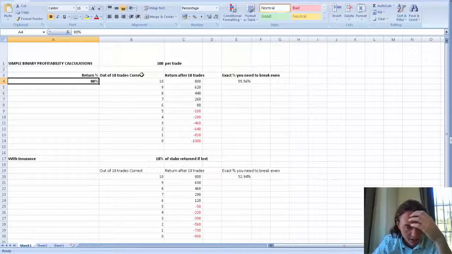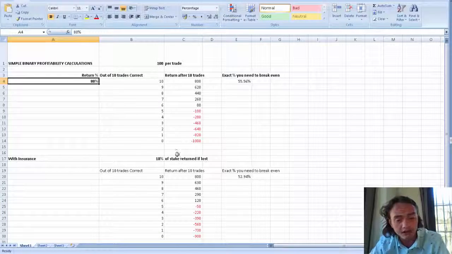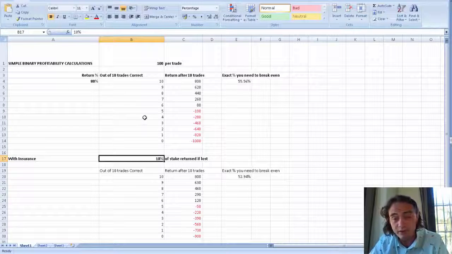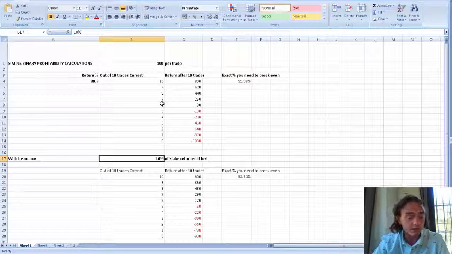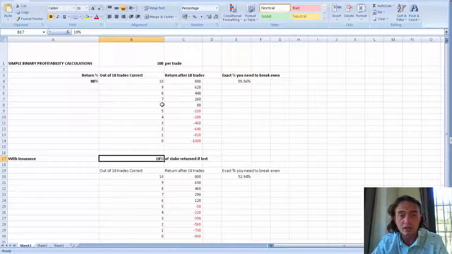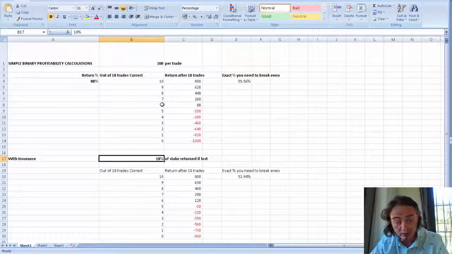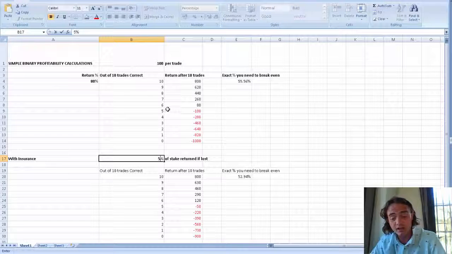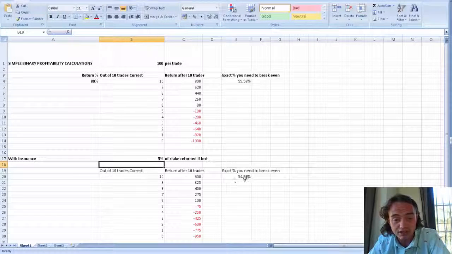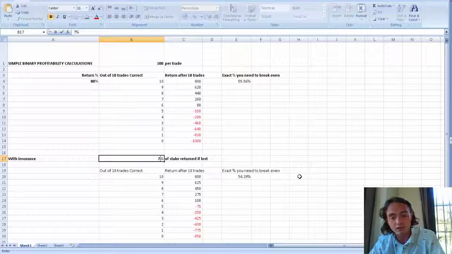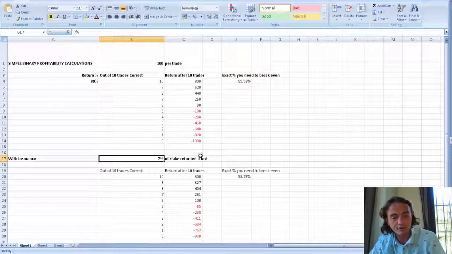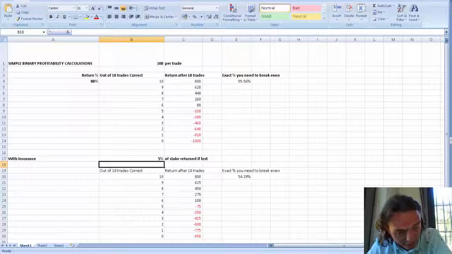Now, I did mention the insurance. This calculator, I'm going to make available as a download on my website, because I think it will probably be useful to you guys, even if it's just for illustrative purposes. Some brokers are offering insurance, so if that is the case, you can input this figure here, and you'll see the exact percentage of trades you need to get right to break even.